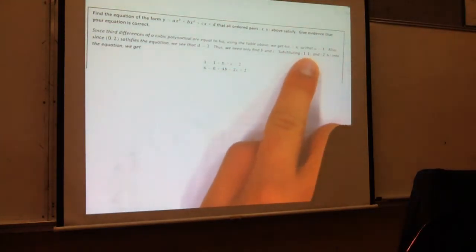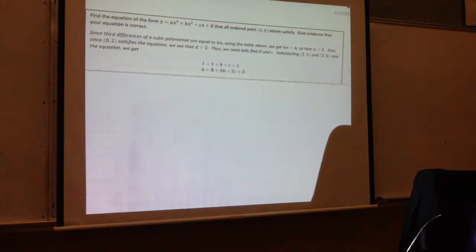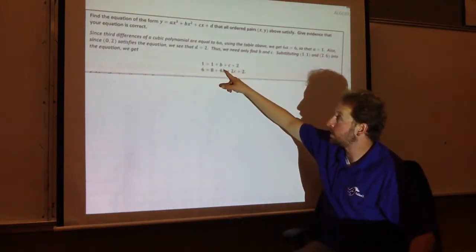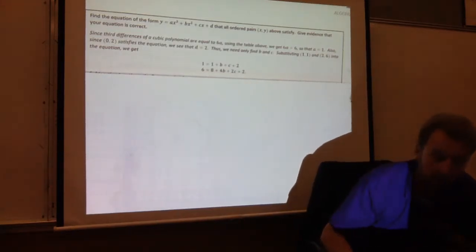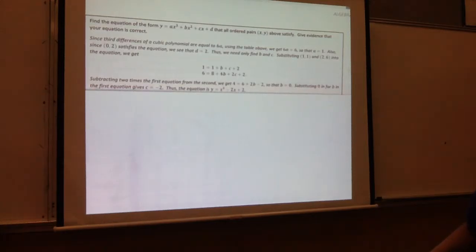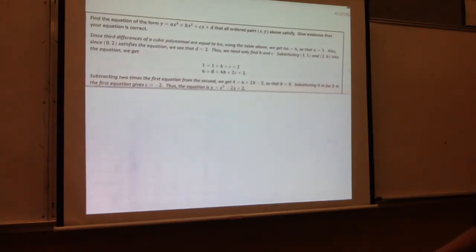We plugged in 1 and 1 for y, and 2 and 6 in the other one. And so now we have 2 unknowns, b and c, but we have 2 equations to use. So 2 equations with 2 unknowns. We're going to use elimination, and we can get our answer.